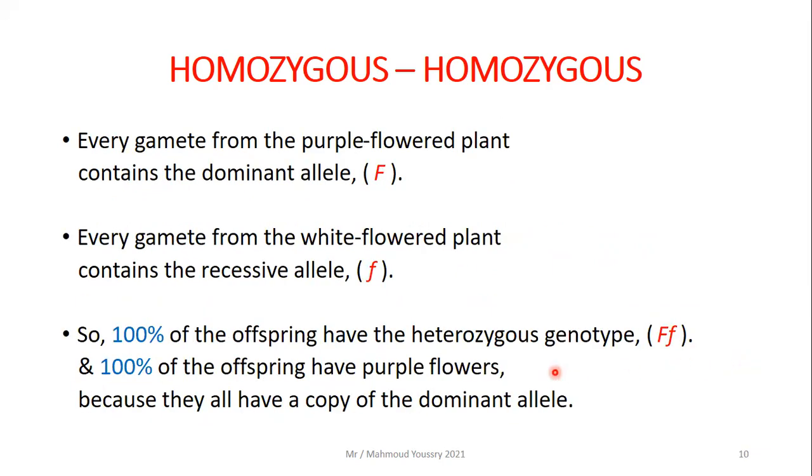Then every gamete from the purple flowered plant contains the dominant allele, capital F, and every gamete from the white flowered plant contains the recessive allele, small f. So 100% of the offspring have the heterozygous genotype capital F small f, and 100% of the offspring have purple flowers because they all have a copy of the dominant allele.